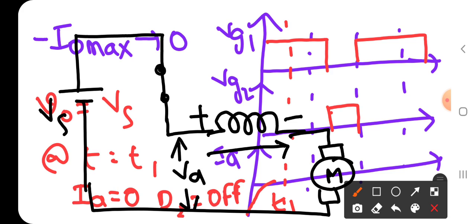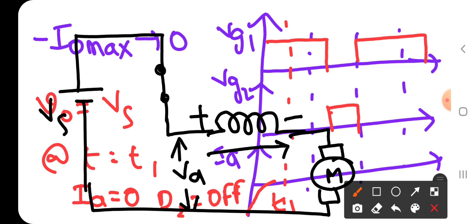And what about IA? As the inductor is storing the energy, IA increases from 0 to maximum. IA is equal to IS, that is the source current, and it increases from 0 to maximum.